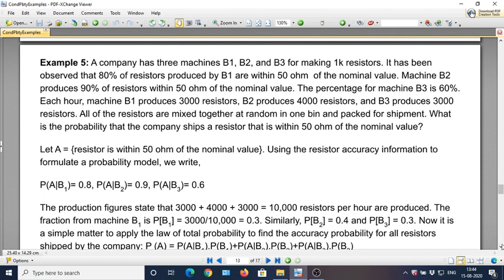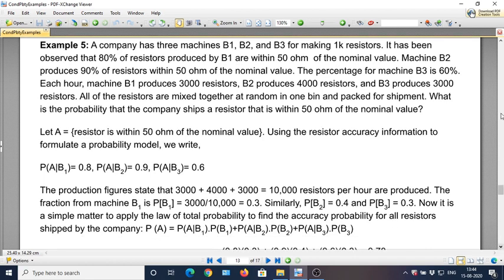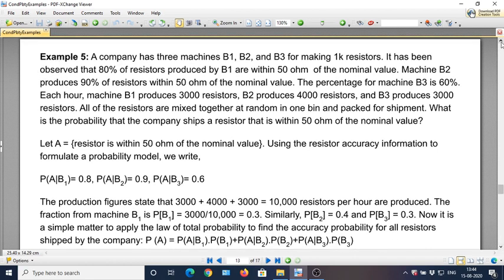Similarly, even if you are not given directly the probability measures of, say, 3 events B1, B2, B3, they can be easily constructed. This is again a very simple example. Let us say there are 3 machines B1, B2, B3 that make 1k resistors.